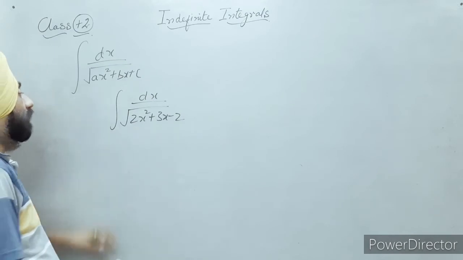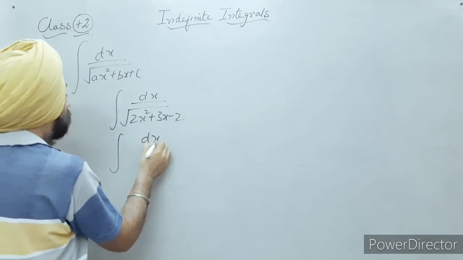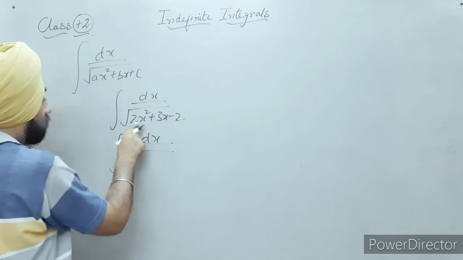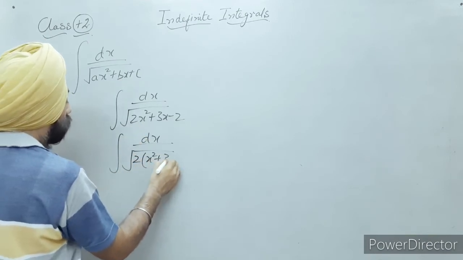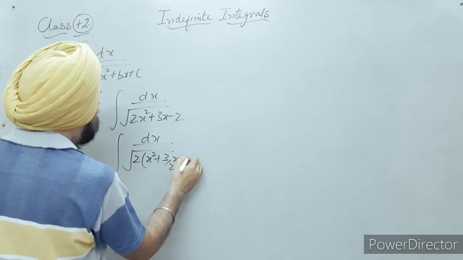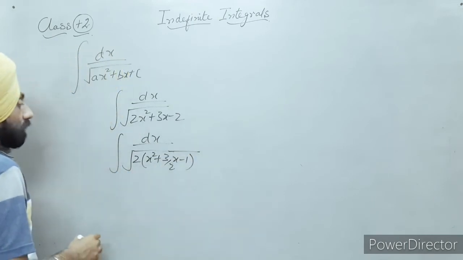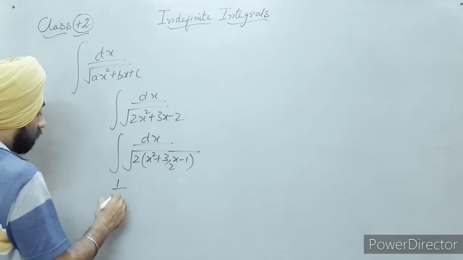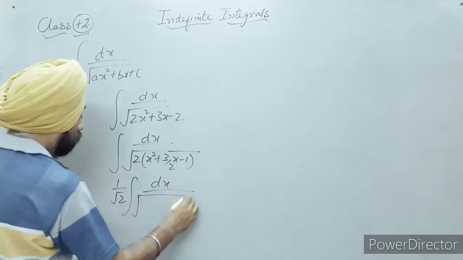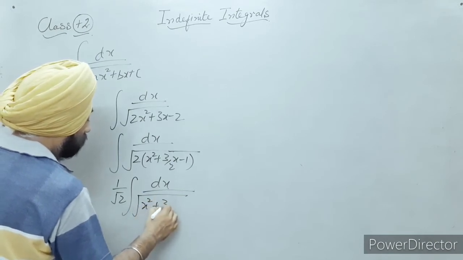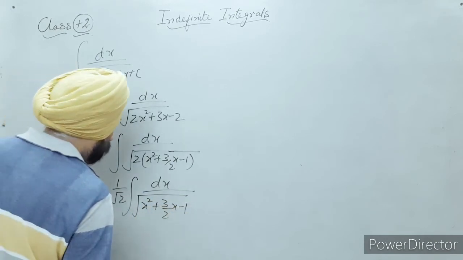First of all, what we have to do is just make the coefficient of x square as 1. So I can take out this 2 common from here, minus 1, under the root. Now 1 by under root 2 is out. It becomes under root of x square plus 3 by 2x minus 1.